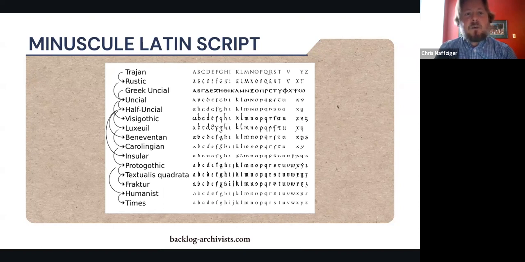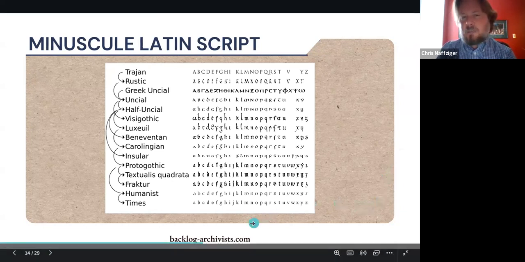We get down all the way then, that all basically derives down to Carolingian, which we'll look at in just a second. And then during the Carolingian period, we see real proper lowercase letters develop. If you can believe that, back in the Roman period in Latin, there were actually no lowercase letters.